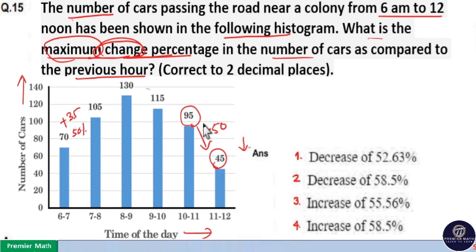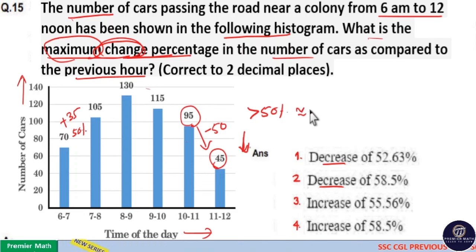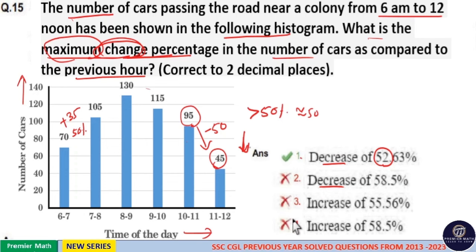But here 50 into 2 is 100, which means this is greater than 50%. So the decrement is your answer, and it should be nearer to and greater than 50, which is option 1. That is 50 out of 95.